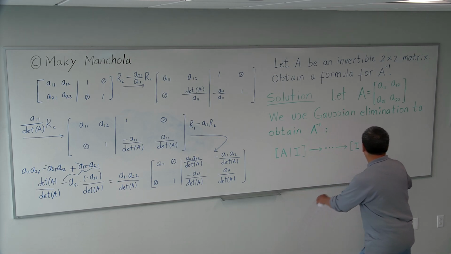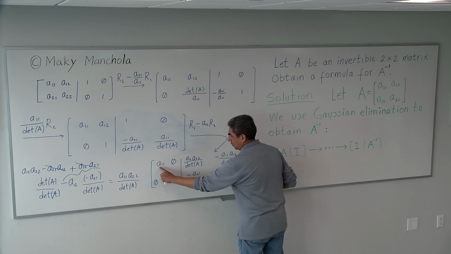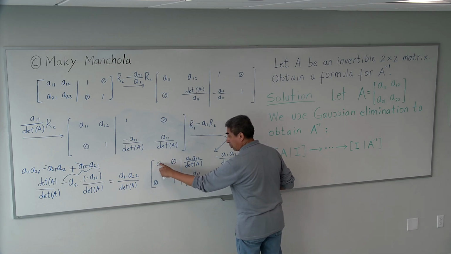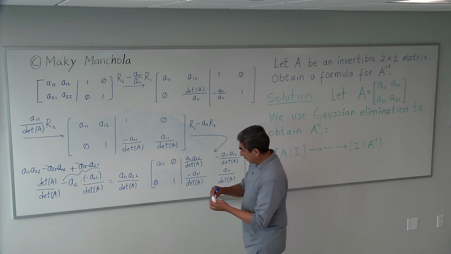Okay, we're almost there. The only thing remaining is to multiply the first row by the reciprocal of A11. So let's do that.